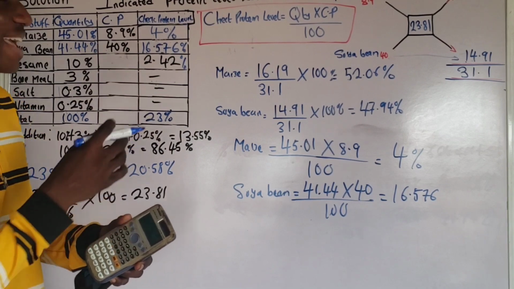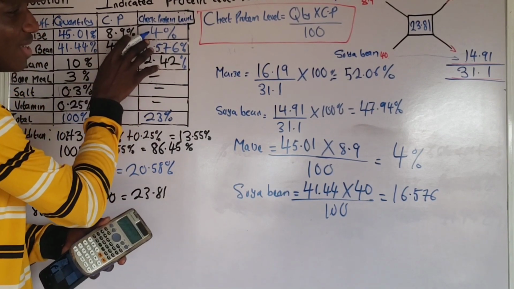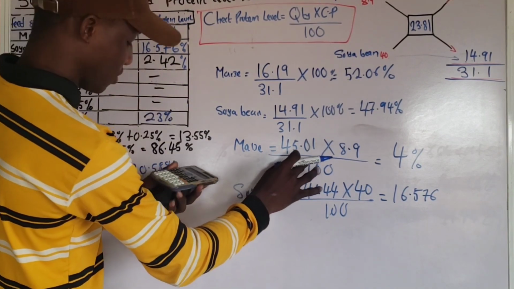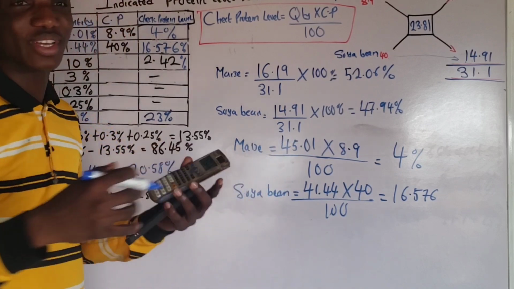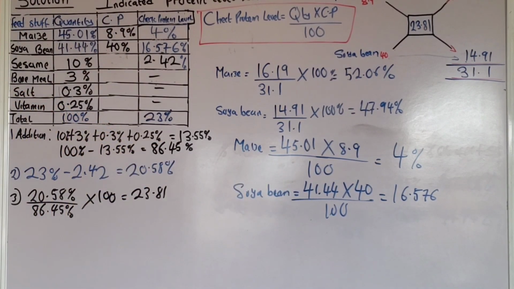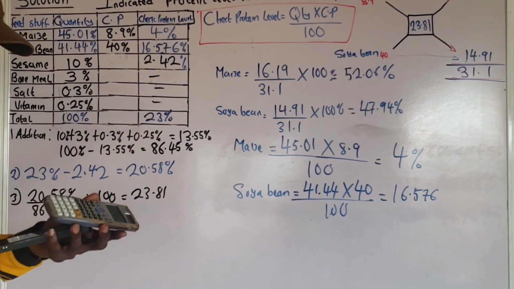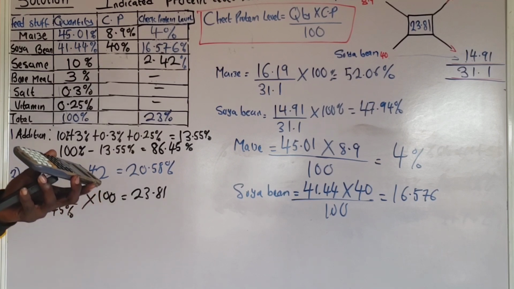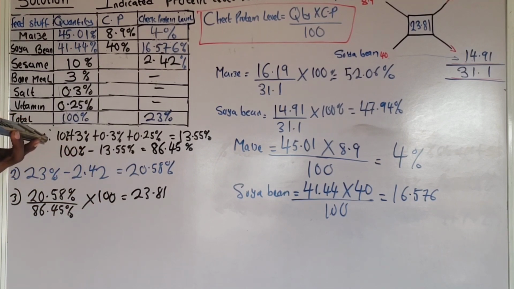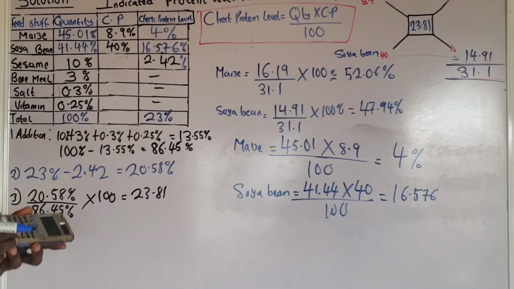I told you I approximated that as 4. If you check this in your calculator, you are going to discover that you're going to get 4.00, there are some numbers after 4. You're going to get 4.01.